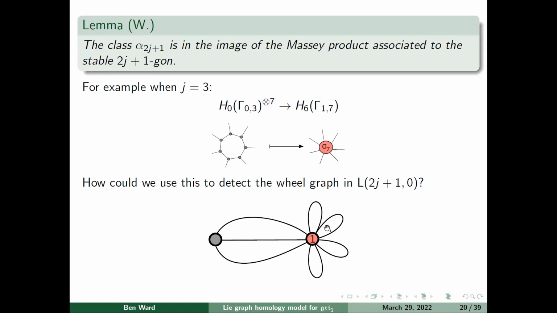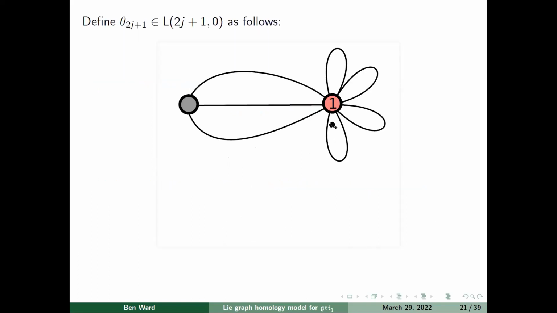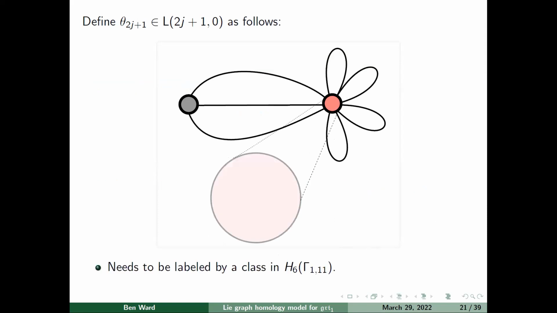So there's only expansions at this differential. We could hope that if I take D of this element in this class, I get the wheel graph. But of course, there's the same issue as before: I need to say what labels this vertex here. So let me define an element like this. This needs to be labeled with a class in H6 of gamma 111.